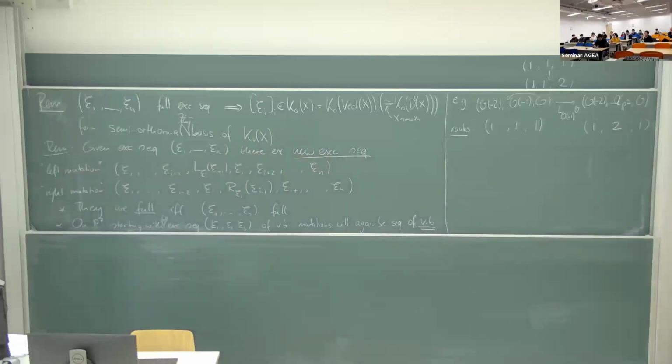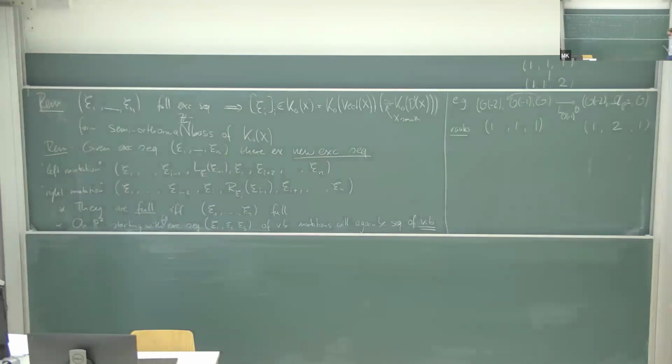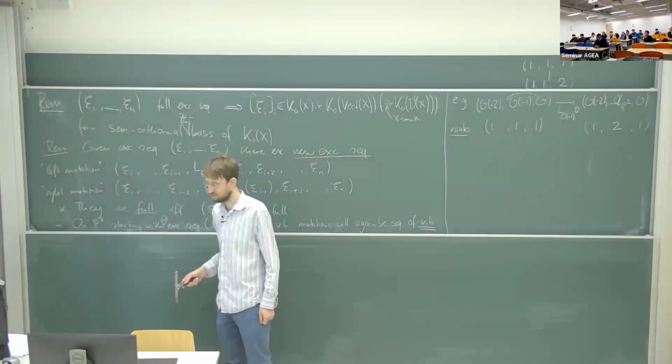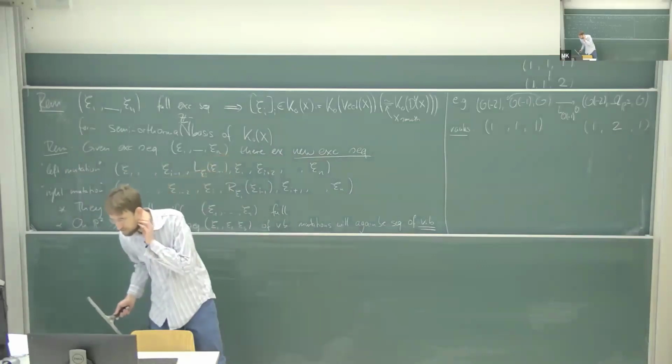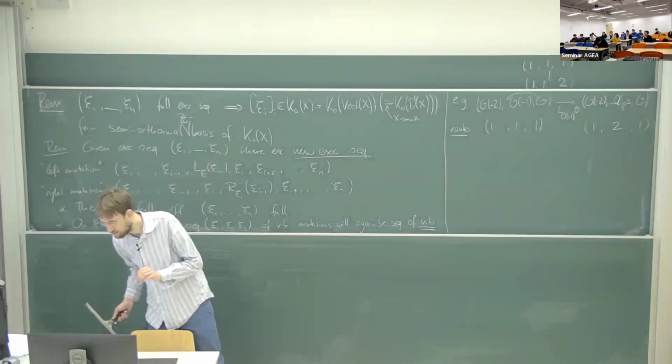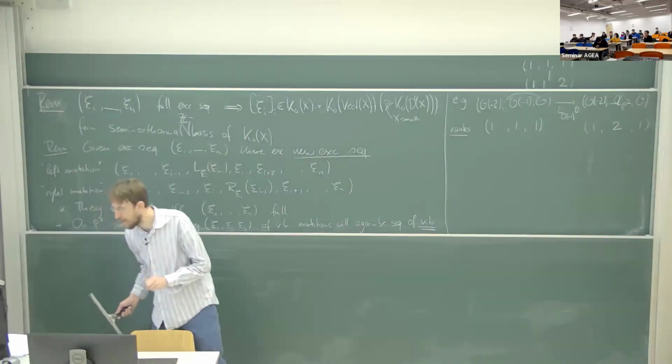Could I ask a question? Sure. Is it possible to write down what the mutation does on the lattice K0? So in terms of the chain character. Ah, yes.